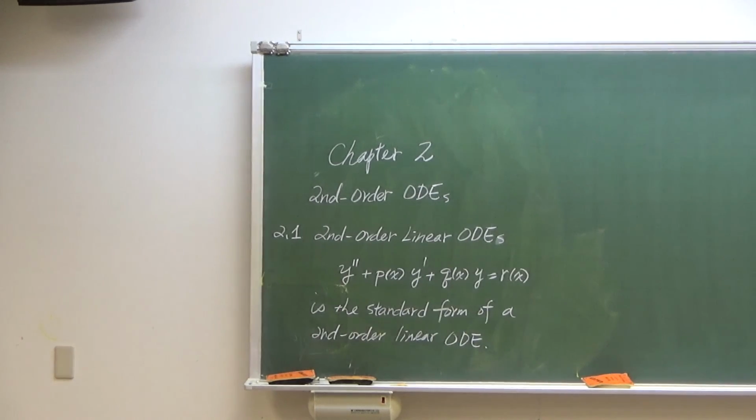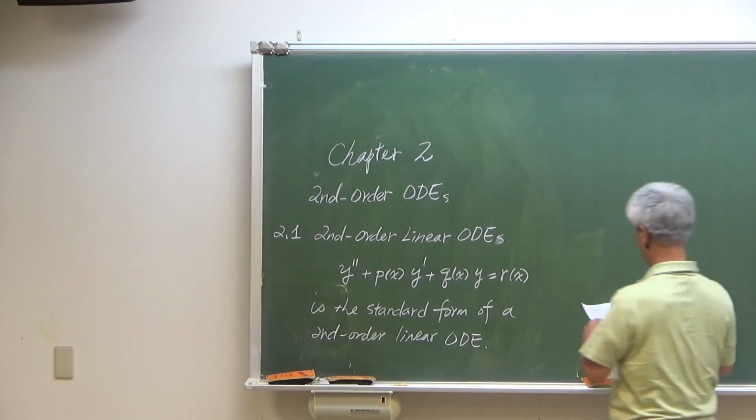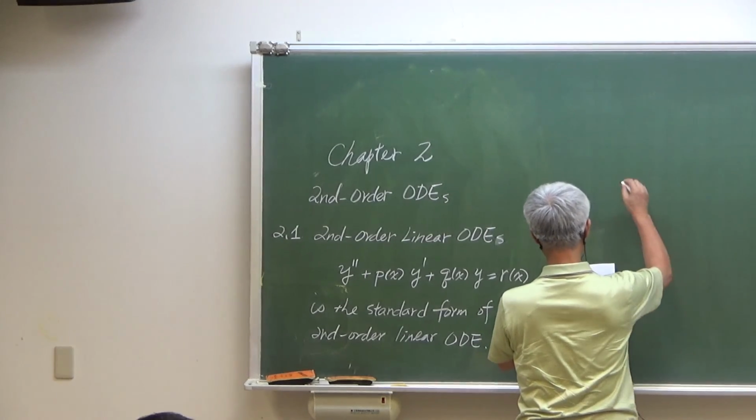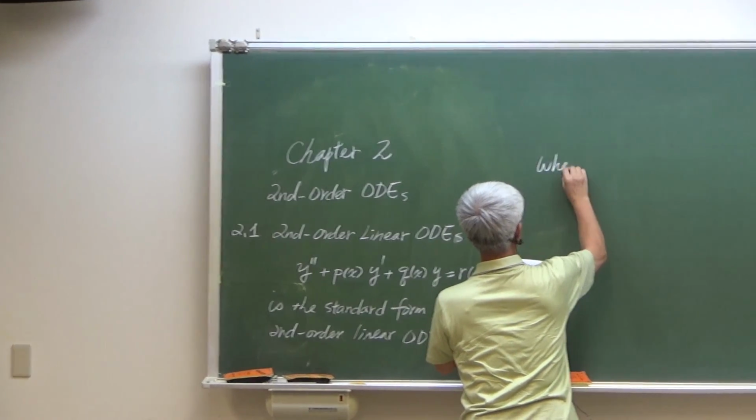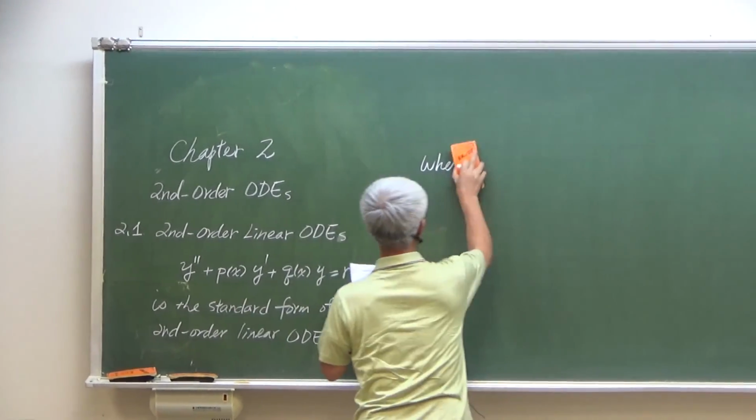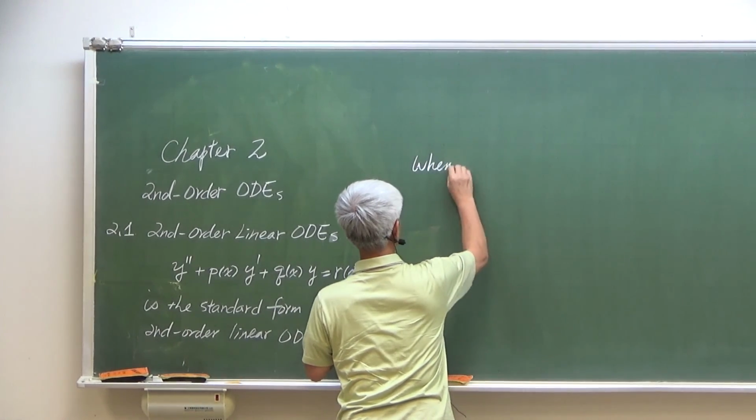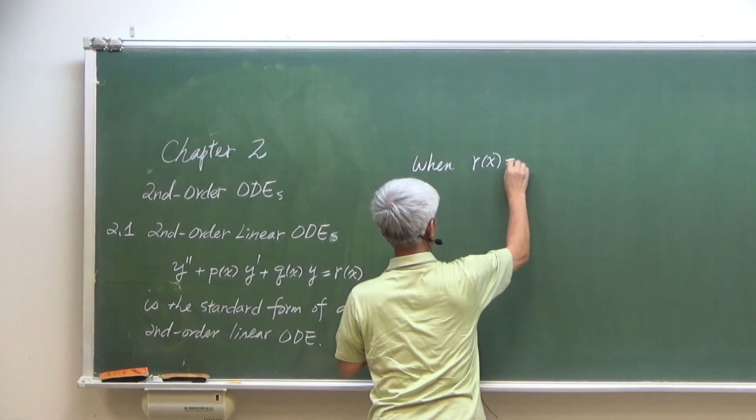As in first order linear ODEs, we will first consider the homogeneous case when r of x is equal to 0.